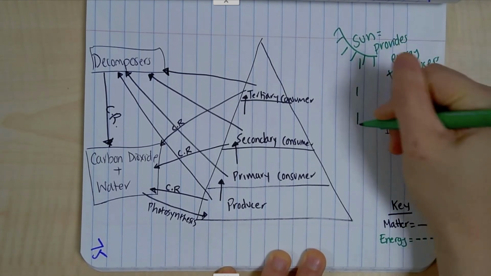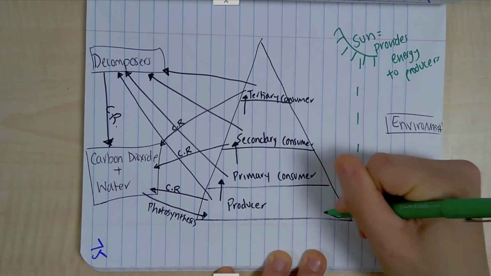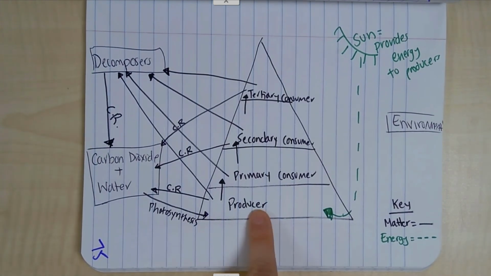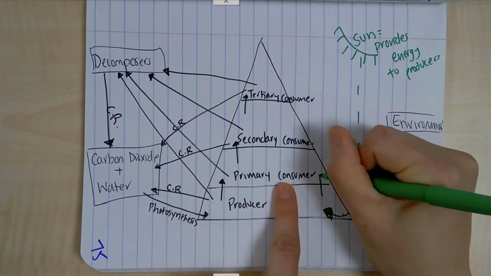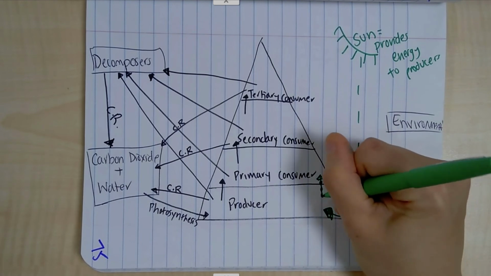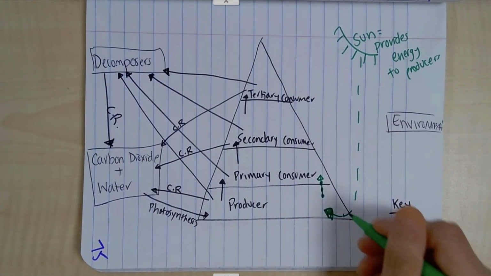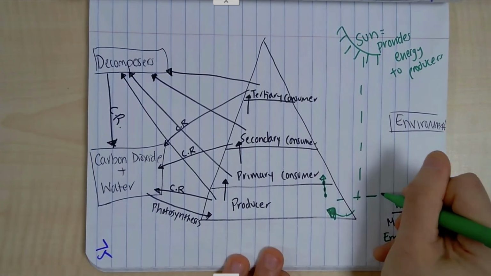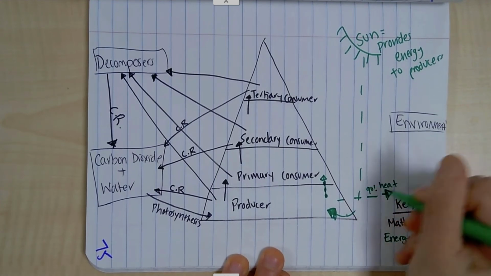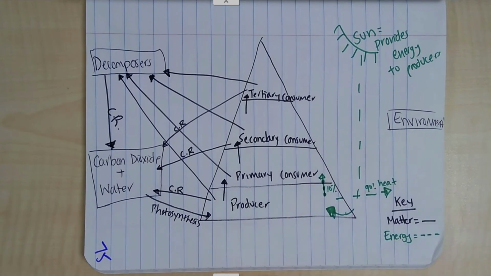So that energy goes into our producer. Remember that energy goes to the producer, the primary consumer then takes it up. Oops, that needs to be dashed. But then it also could release it as heat, 90% as heat. So this is our 10%.